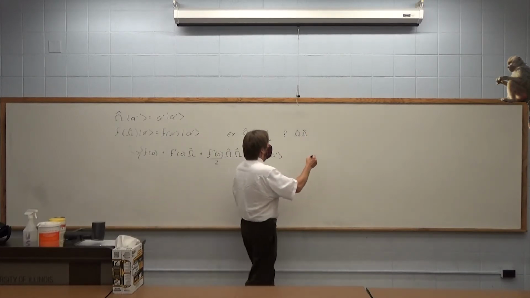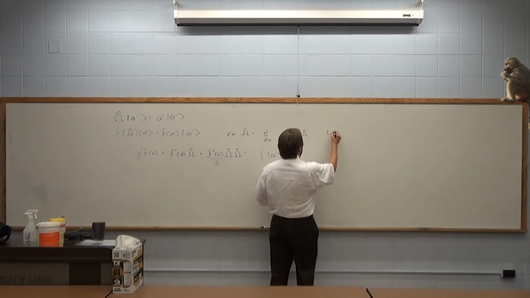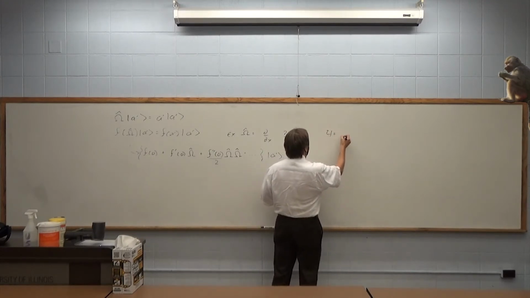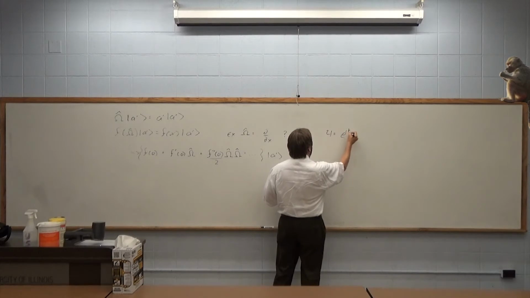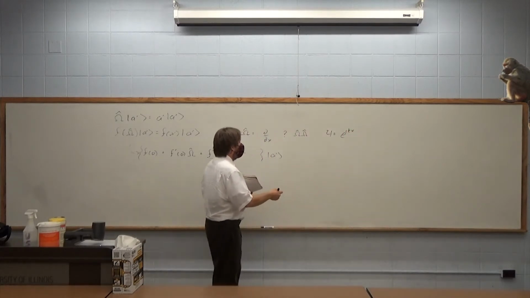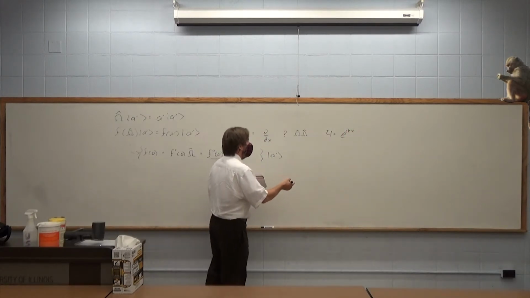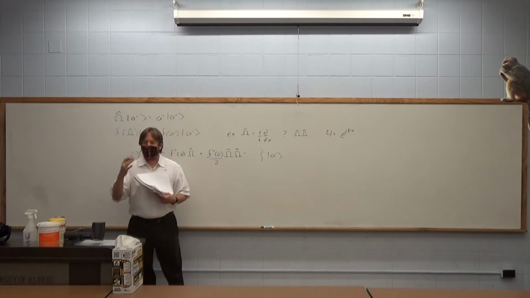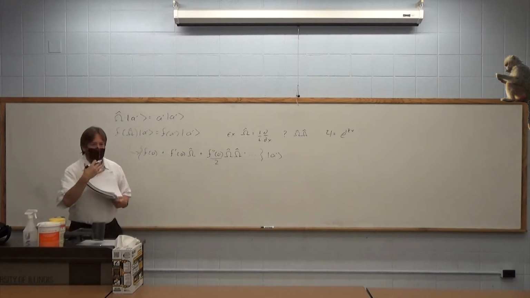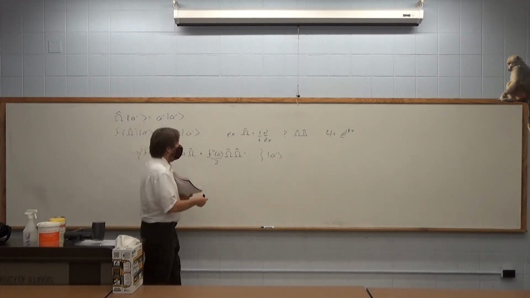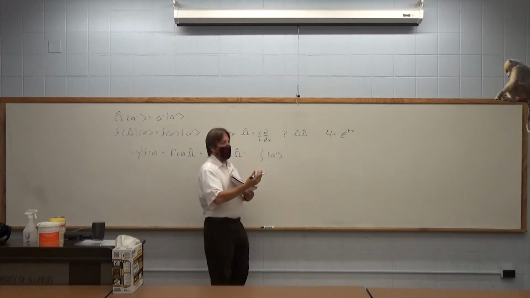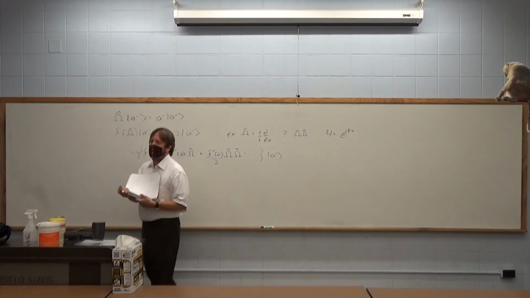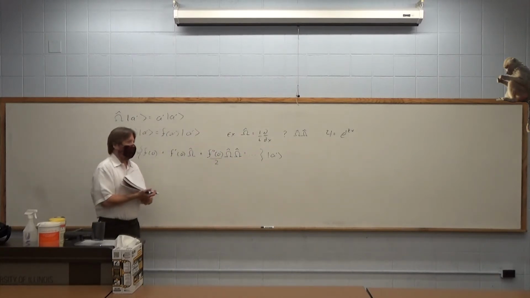And then for a state, I used e to the ikx. But I realized I had done something stupid, because if this is really the momentum operator, I need 1 over i. I was getting stupid there. And then I realized after I was done, I had forgotten h bar. H bar over i. All right.